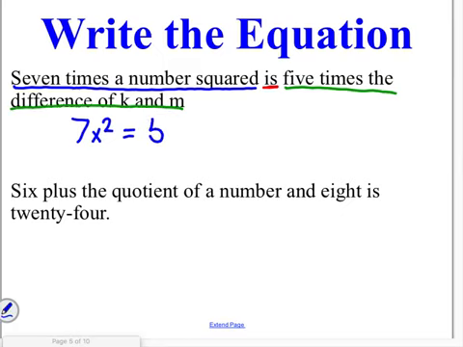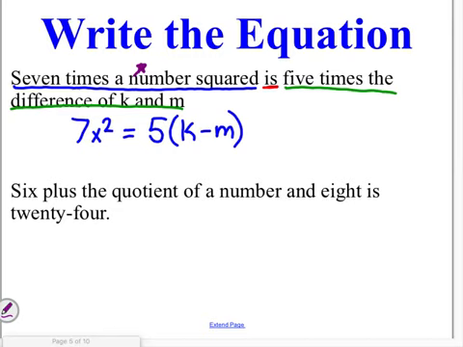So I've got 5, difference tells me to do parentheses, k minus m. One thing to note with this is it gives us k and m, and then it also says a number. When you are picking the variable for your number, it can't be k and it can't be m. Otherwise, the problem would state that specifically.